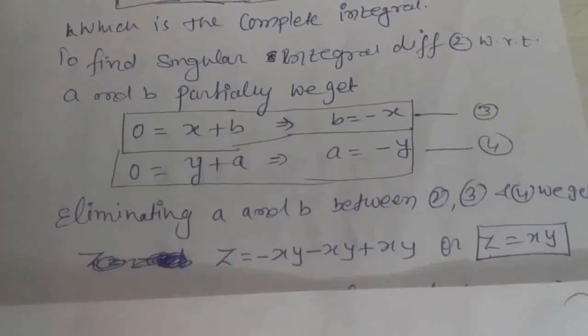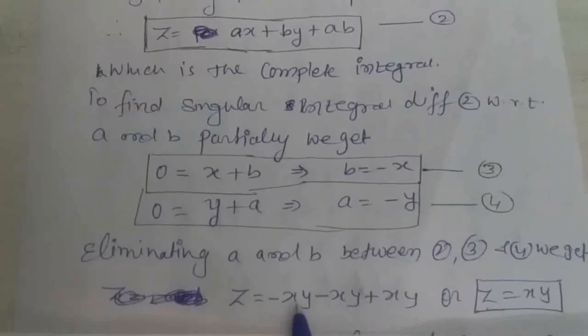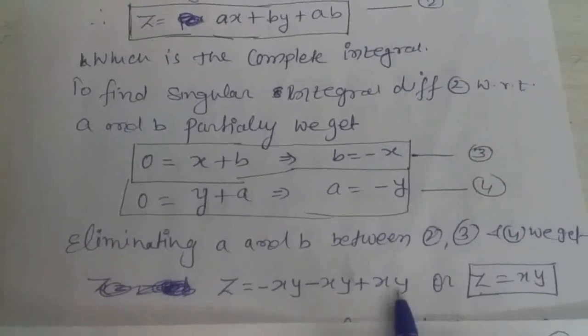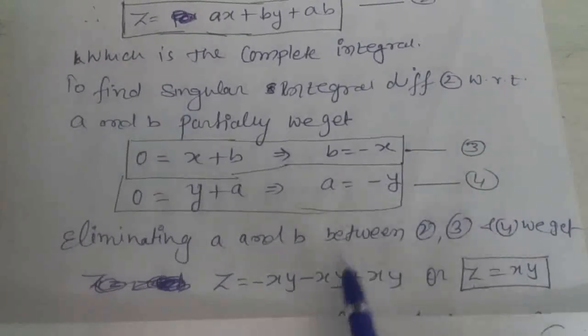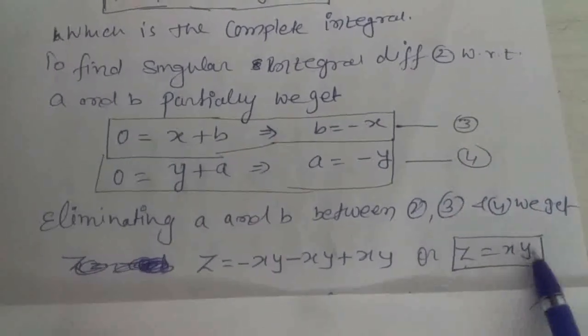So equation second becomes z equal to minus xy plus xy. Here minus xy and plus xy cancel, and finally we get z equal to xy.